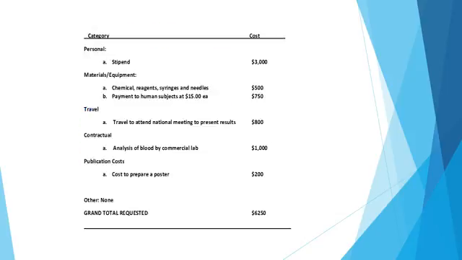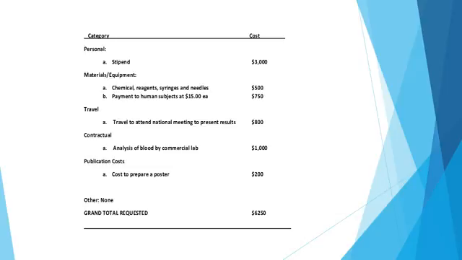Here's a good example of a budget request. You can see on the left-hand side we have the categories of personnel, materials or equipment, travel, contractual, and publication costs. Notice under each category we have the request. Under personnel, you have a stipend that's being requested for a cost of $3,000.